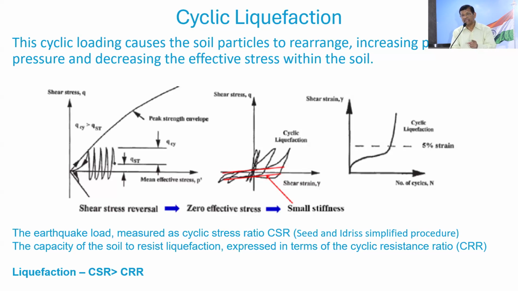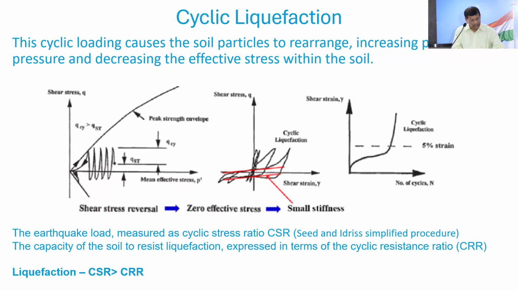And then the factor of safety for cyclic liquefaction is the ratio of CSR versus CRR. So one is a resisting force, another is a driving force. And liquefaction will start when CSR exceeds the CRR.